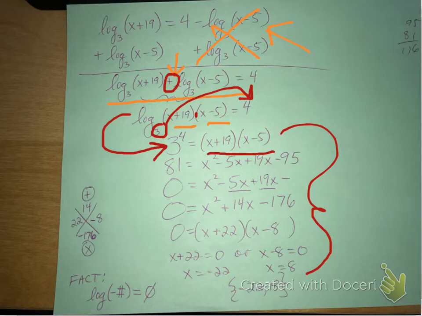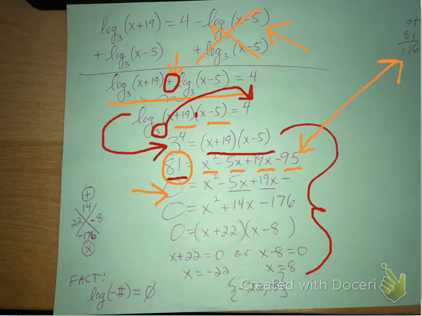Okay? So, 3 to the 4th power is 81. And then the product of these two binomials, if you do FOIL, first, outer, inner, last. Then I'm going to set this whole thing equal to 0 and factor it. So I'm going to subtract 81 from both sides. If I subtract the 81 from the negative 95, I did a little side scratch work over here.